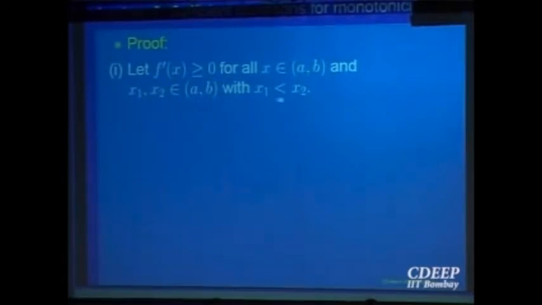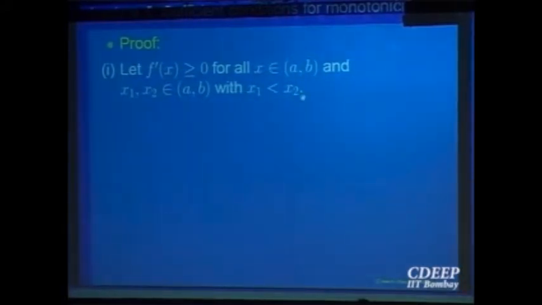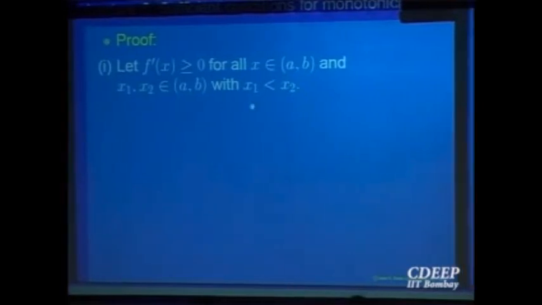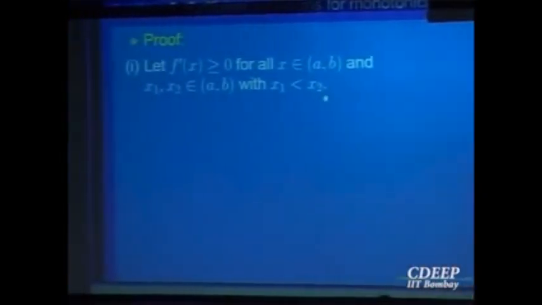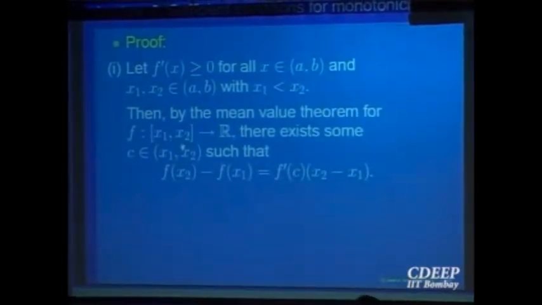So let us take 2 points x1 and x2 in the interval AB, such that x1 is less than x2. What do we want to show? We want to show that the function is increasing, so we want to show f(x1) is less than or equal to f(x2). So let us apply Lagrange's mean value theorem in the interval x1 to x2.